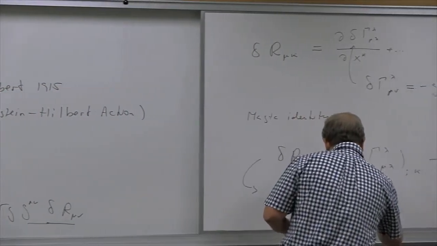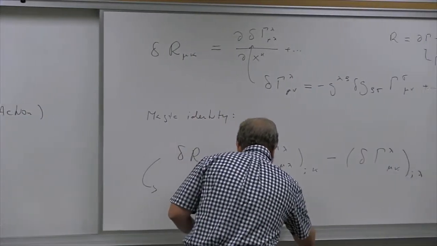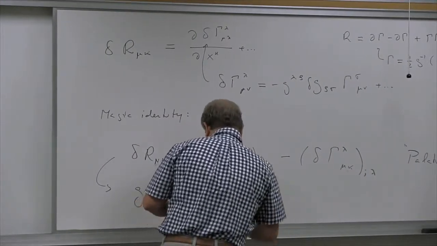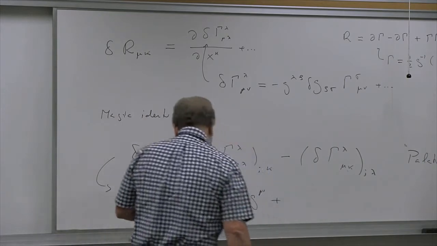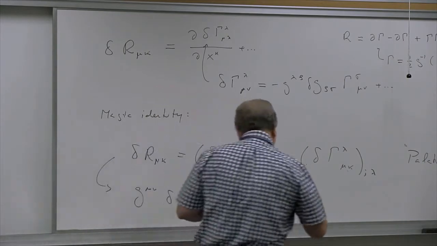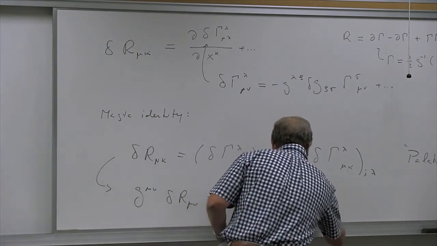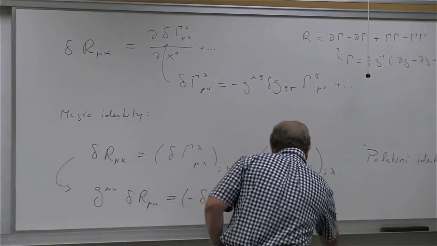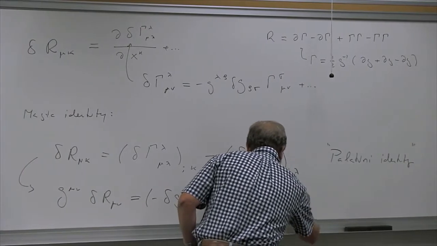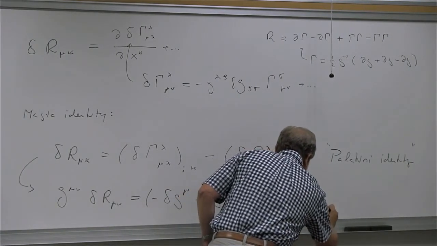This, in fact, because of the Palatini identity, is minus delta g mu nu plus g mu nu g alpha beta times dg alpha beta, and then semicolon mu and semicolon nu.